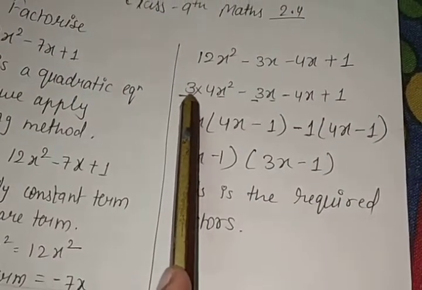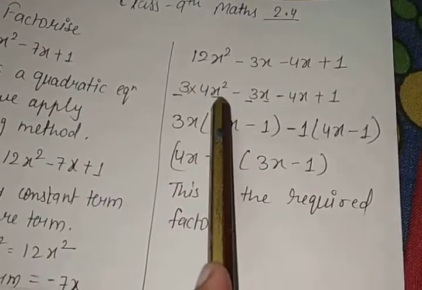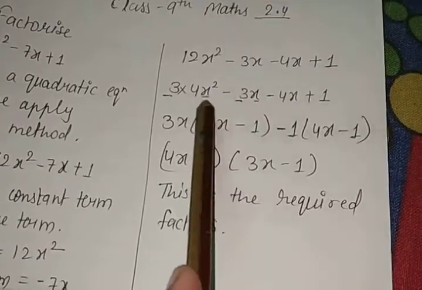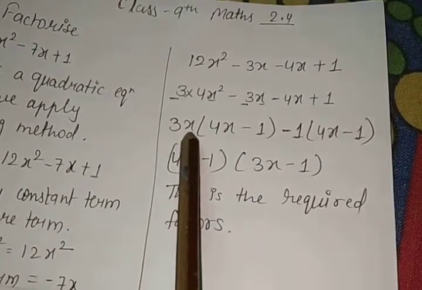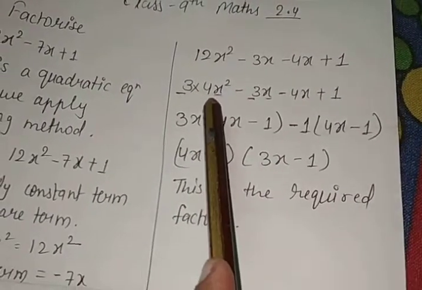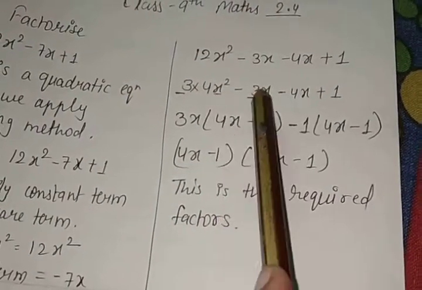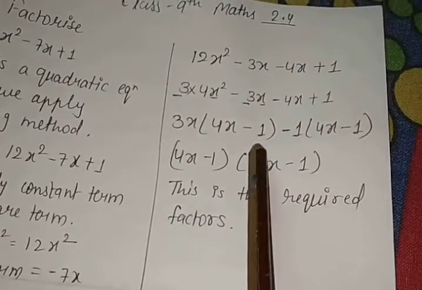We can see that the 3 and the 3 are common, and x is also common. So we can take out 3x as common factor, and the remaining is 4x minus 1.